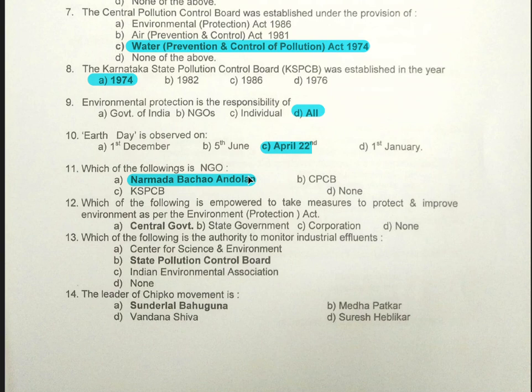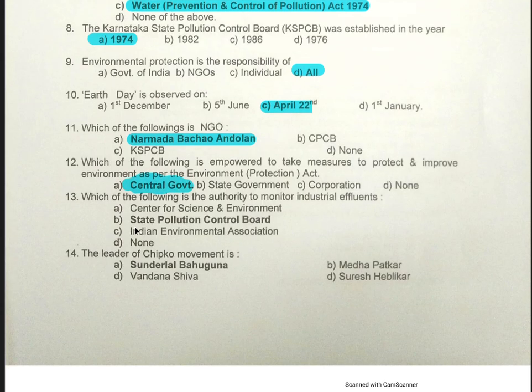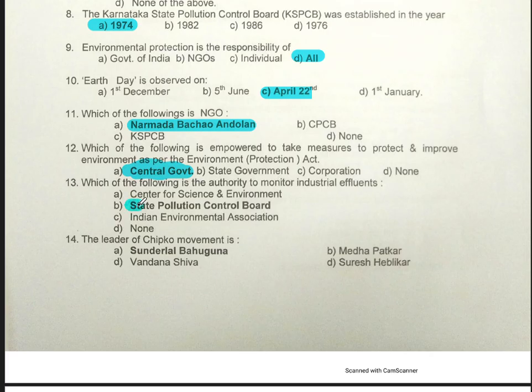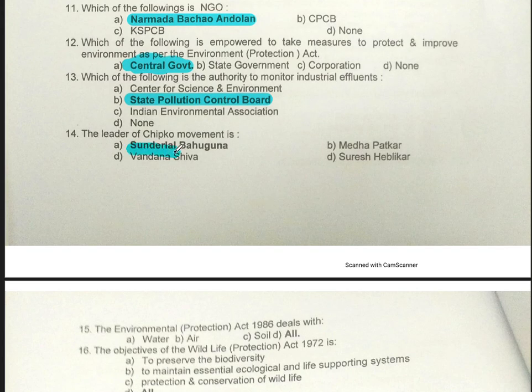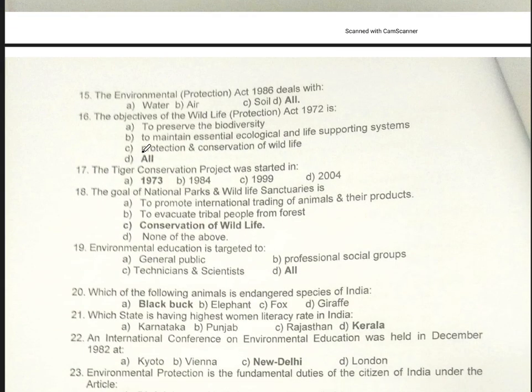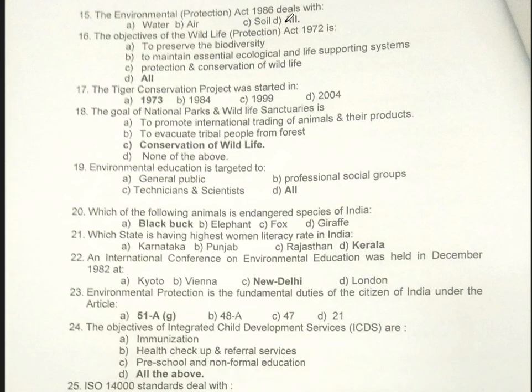Which of the following is empowered to take measures to protect and improve environment as per the Environment Act? Central government. Which authority monitors the industrial effluents? State Pollution Control Board. The leader of the Chipko movement is Sundarlal Bahuguna. The Environmental Act of 1986 deals with water, air, soil, all of the above.